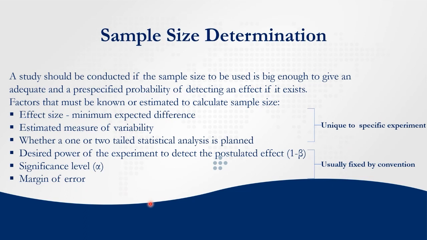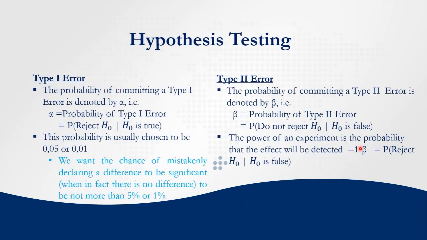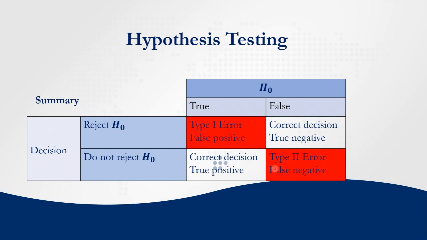So I said that when we reject H0, we say there's a difference, there's a significant effect, when H0 is false. Yes, this is the power. So when we do the sample size estimation, the study has to have enough power to be able to detect an effect when it exists.